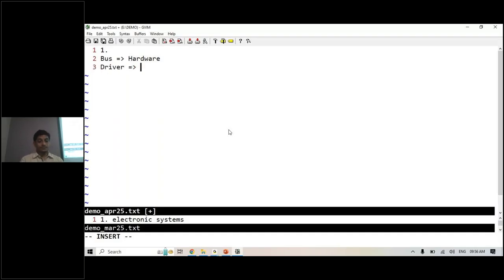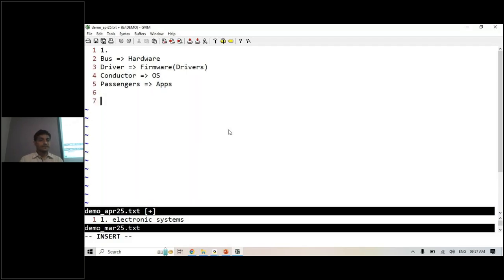Driver similar to firmware. You can even call them drivers. Then conductor is similar to operating system. Then passengers similar to apps.